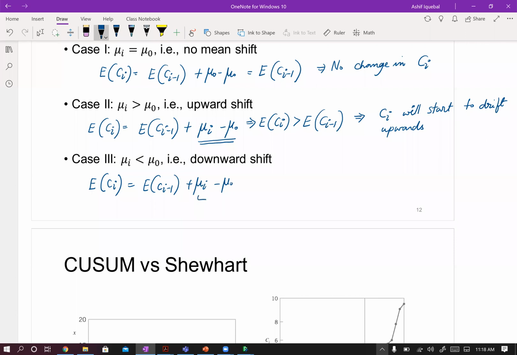In this case, mu I is less than mu naught, so I can write down expected value of Ci is less than expected value of Ci minus 1, right? And in this case, your Ci will drift downwards. All right, any questions?